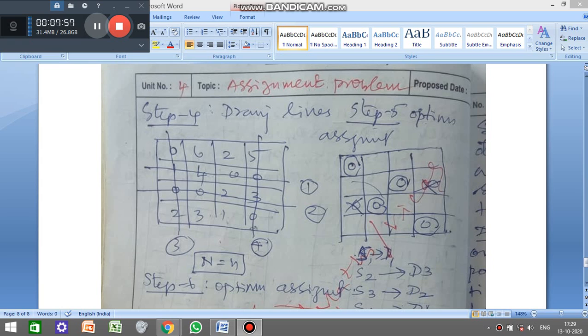But now column wise, 1 zero is there in the third row first box, so that we have to strike out. If any other zeros are in that column, that also we have to strike out. The meaning is that one salesman is assigned to only one district. So the first row assignment is over.